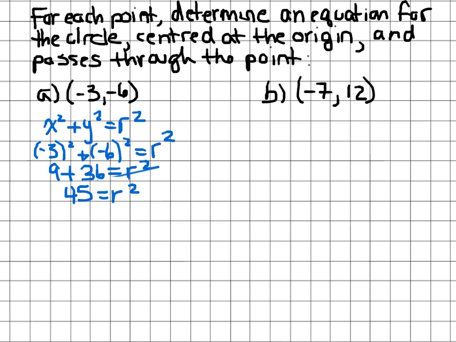So now we have the radius squared, and we can write an equation to represent the circle, which is x squared plus y squared equals 45. This is my equation, where 45 is the radius squared, and it is centered at the origin. If I asked you to find out what the radius is, you just have to take the square root of 45.